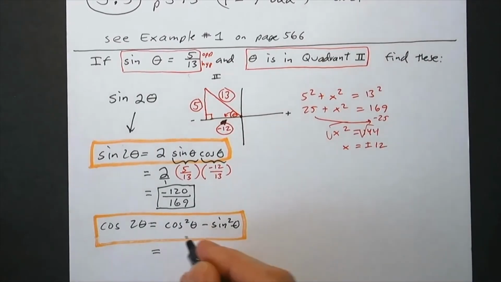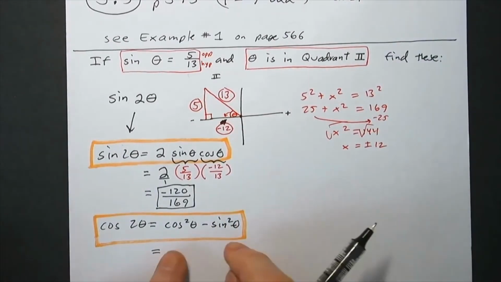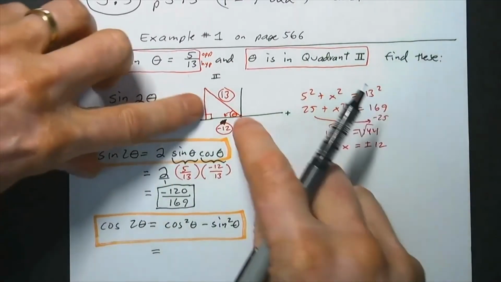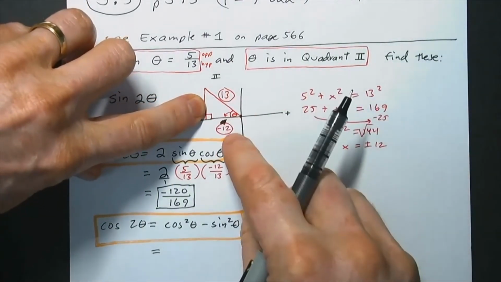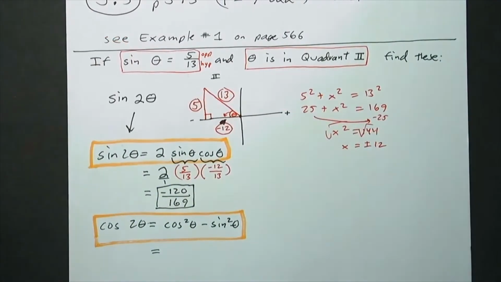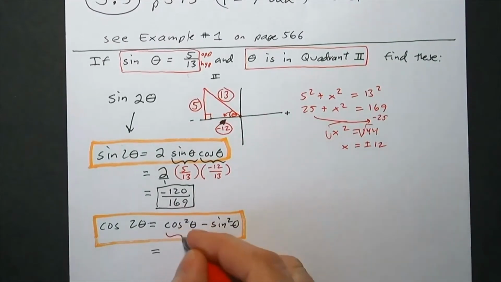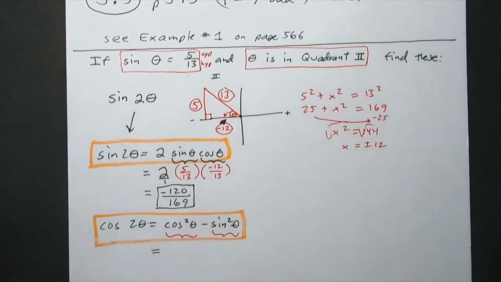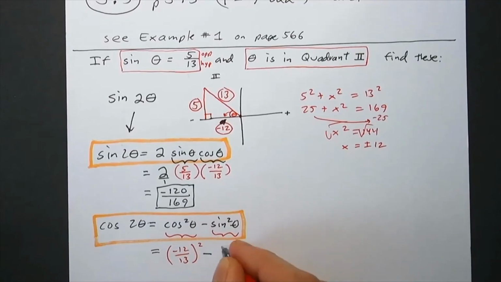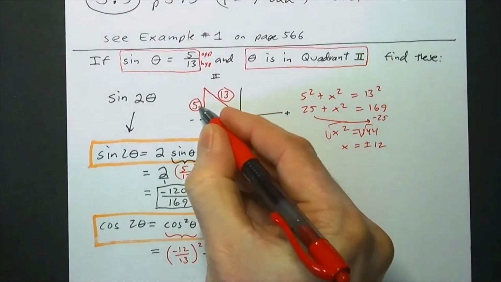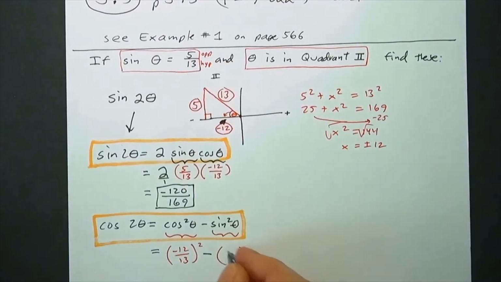Okay, so this is the one I'm going to use. And I just use my drawing again. Once again, let's look up cosine. Adjacent over hypotenuse, negative 12 over 13. So we'll just do this guy and this guy. There's a minus. And I see negative 12 over 13, now squared. So we'll square it. Sine is 5 over 13. In fact, that's the freebie. And once again, we'll do a little math here.